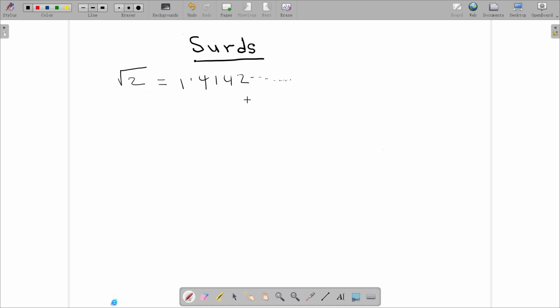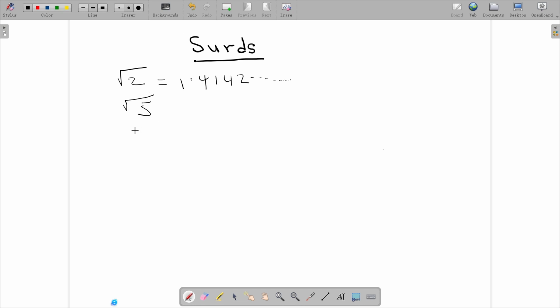But what is common in all of them is that you're going to have a load of decimal numbers. Therefore, we say that root 2 is a surd. Another example is square root of 5, which is a surd.